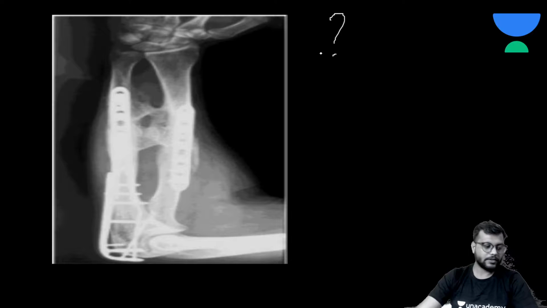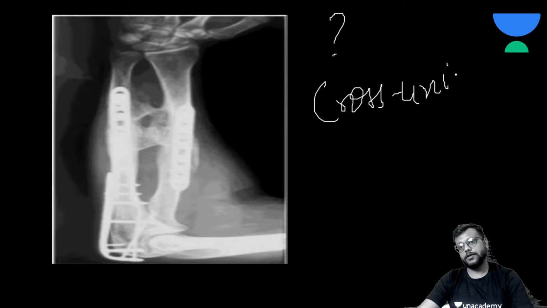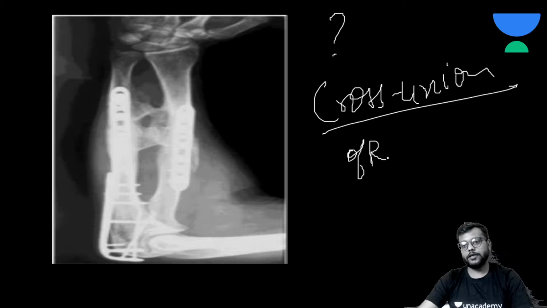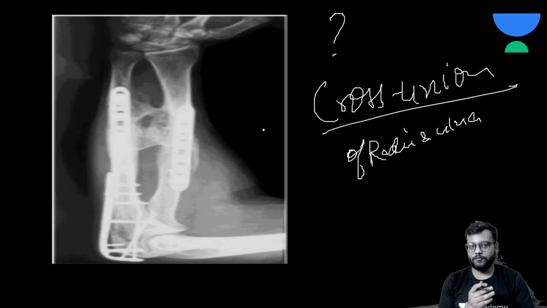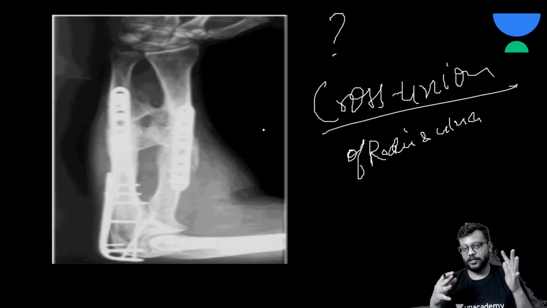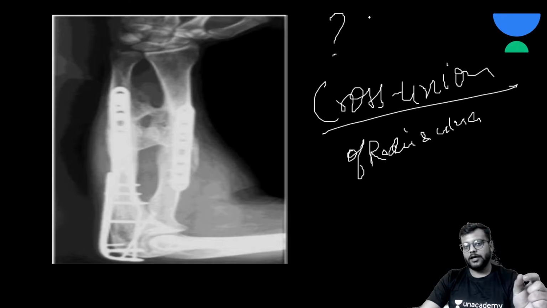Okay, now what is this? This is cross union of radius and ulna. Okay, when both bones are fractured together, sometimes there is a condition in which callus formation occurs in such a way that there is cross union, and most common cause for this is when you open the ulna and radius during the operation through the same incision.